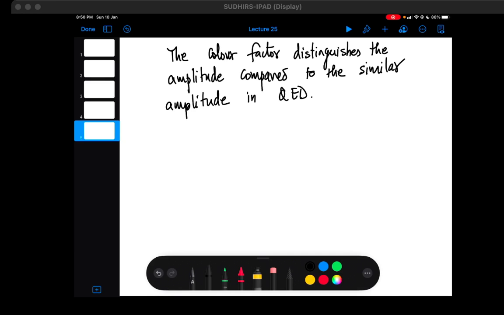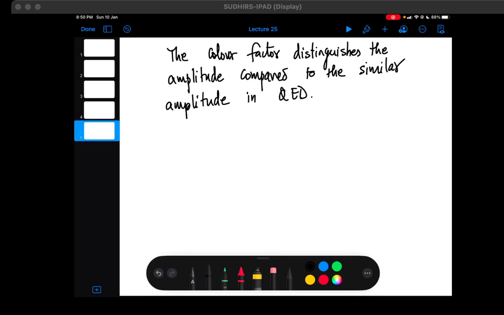So you can evaluate the color factor. Actually, the color factor comes out into some combinations of the c factors. So this will be some factors like this: c corresponding to the incoming quark, and then there will be a lambda, then there's another c, and then another lambda.